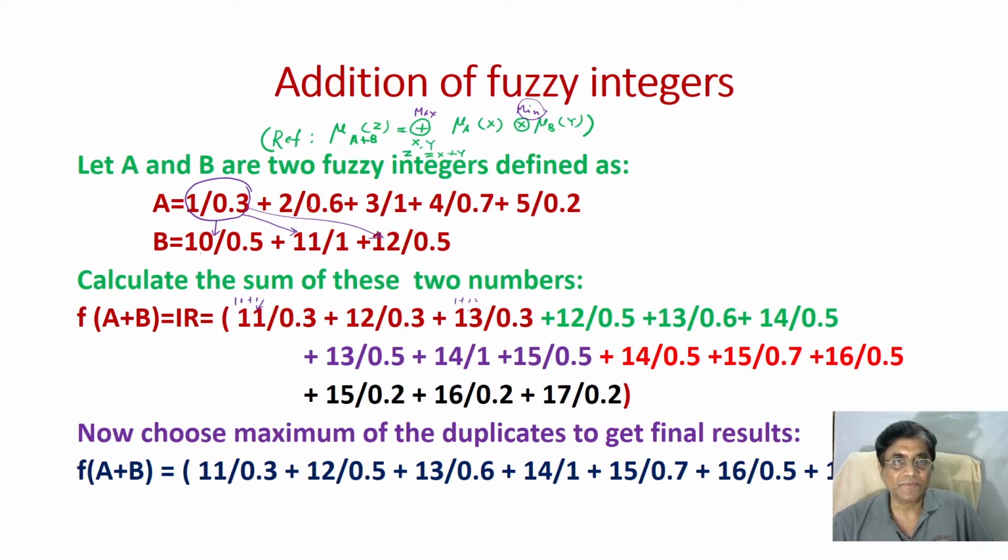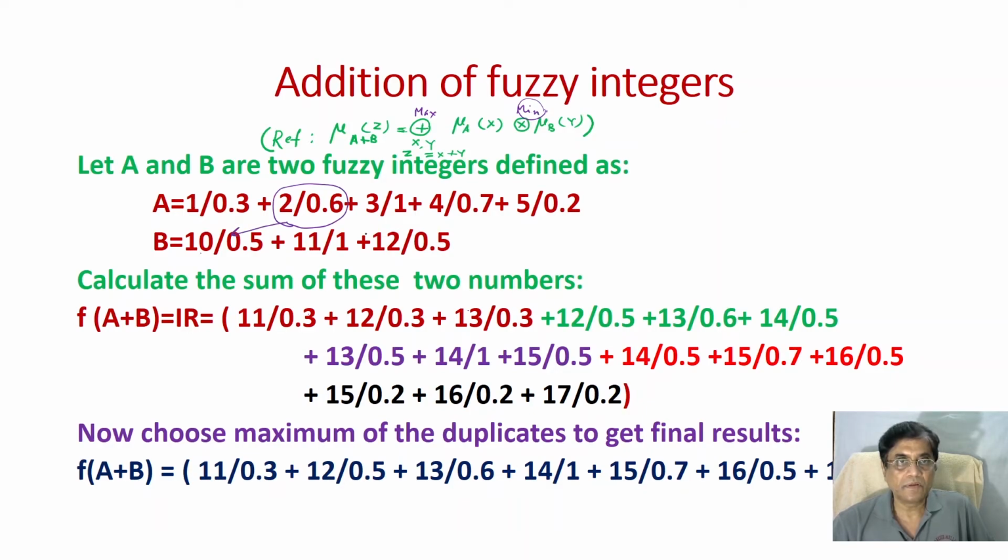Now take the next one. So we have got this. I have used different colors to show the contribution of all the elements in the addition process. Then we take this one and repeat the same thing. This to be added with this.